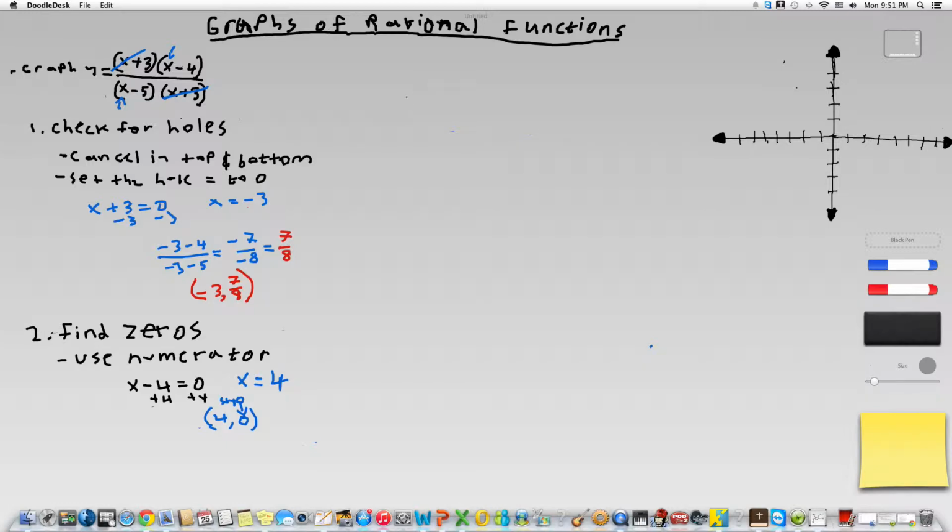And the next step is to find the vertical asymptotes. To do this, we're going to be using the denominator this time.